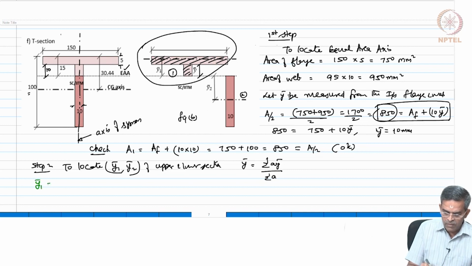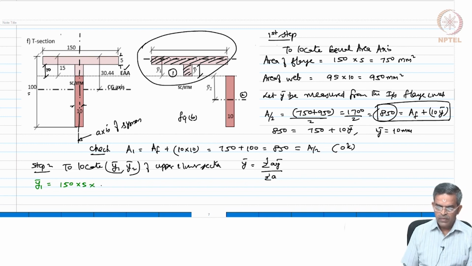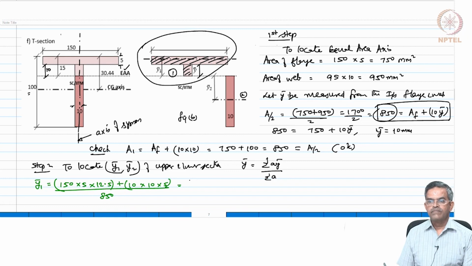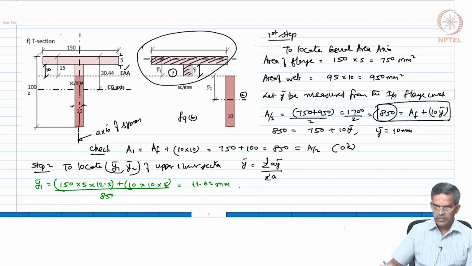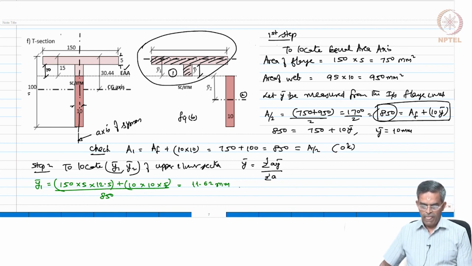So, y bar 1 will be 150 into 5 into 12.5 plus 10 into 10 into 5 divided by 850, which is 11.62. So, it will be lying in the flange, as marked in the figure.